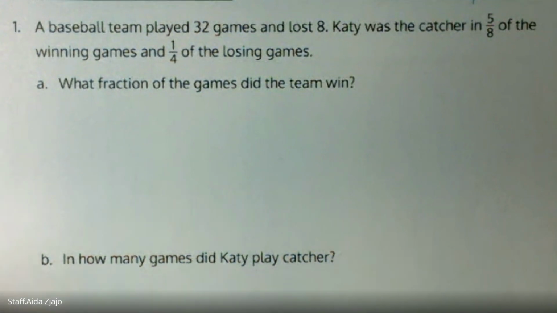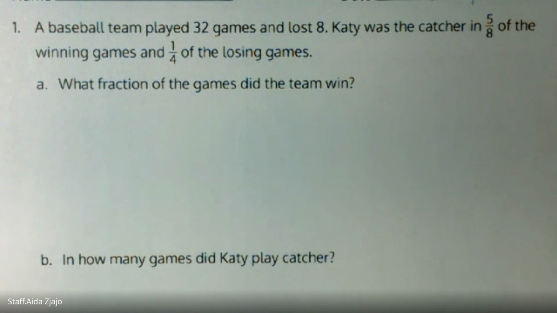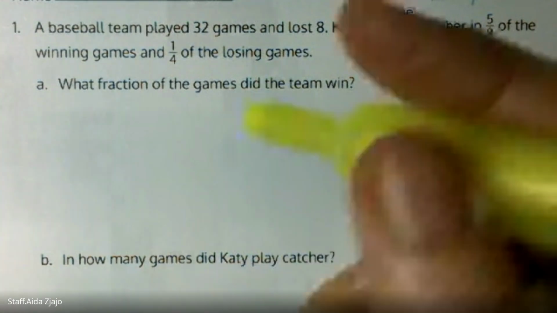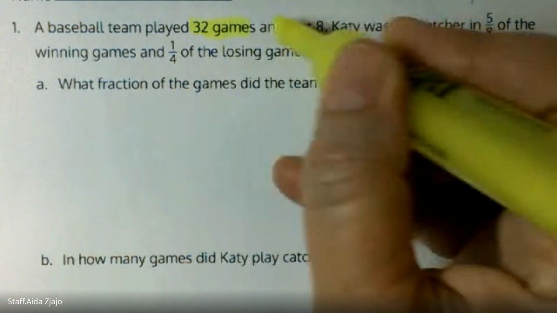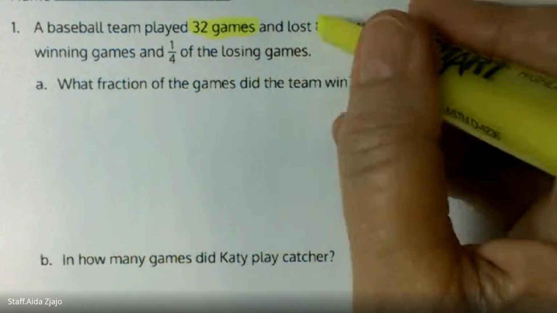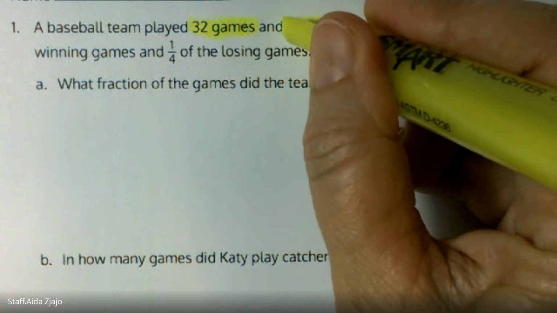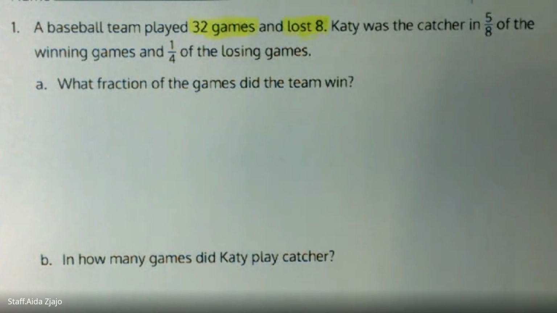So first we're going to use the read, draw, and write strategy. So read: a baseball team played 32 games and then lost 8 games of those 32.